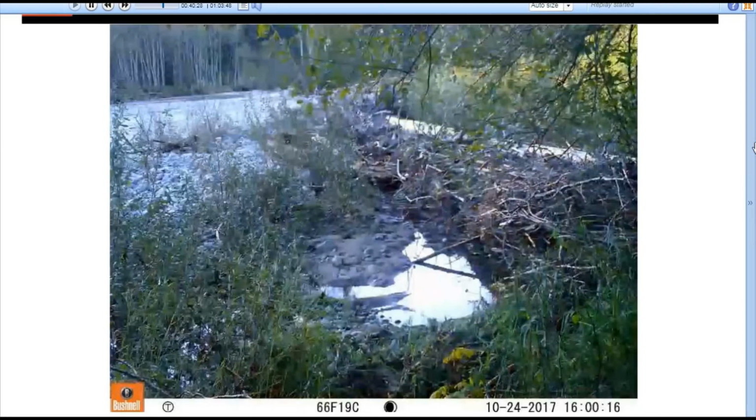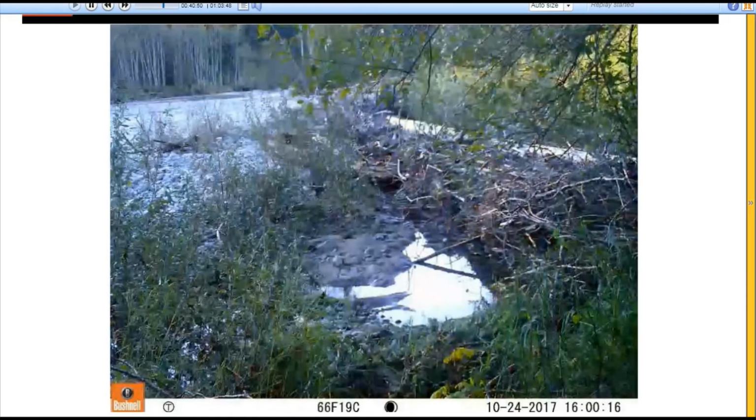In adjusting its characteristics to those high flows, it also scoured this backwater pool and deposited a bunch of fine sediment, in essence changing the channel around it. So this is a really complex structure. We have to think about not only how this jam changes in response to the hydraulics around it, but also how that in turn changes the channel bed, which then feeds back on the hydraulics, which then feeds back on wood jam dynamics.